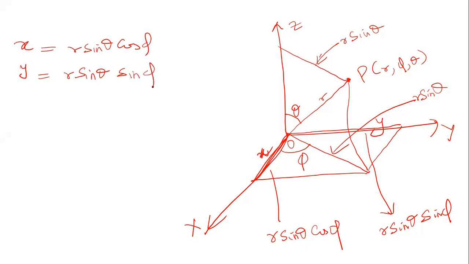And the z coordinate for this point is this. This angle is theta, so z will be r cos theta. This relation is called the transformation relation between the spherical coordinate system and the Cartesian coordinate system.